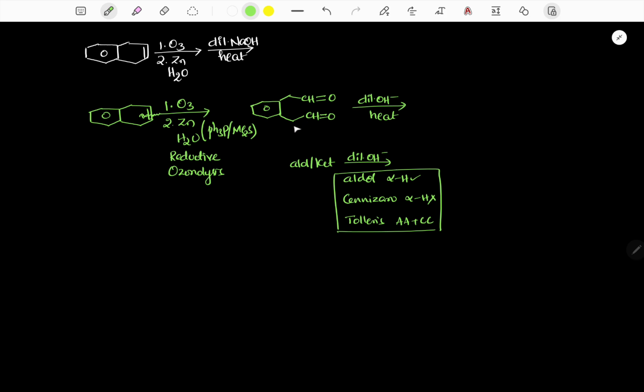So here CHO, it has an alpha carbon having sp2 sp3 CH bonds, and it is also alpha sp2 sp3 CH bonds, and both alpha hydrogens are on the same carbons. Therefore here intramolecular aldol condensation is possible. This alpha carbon attacks this carbon, and finally we get the corresponding product.